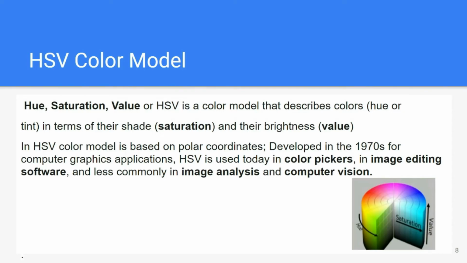HSV is used in color pickers in image editing software like MS Paint and Adobe, etc., and less commonly in image analysis and computer vision. Here in this image we can see that it is used for increasing the saturation of color value and decreasing saturation of color value.